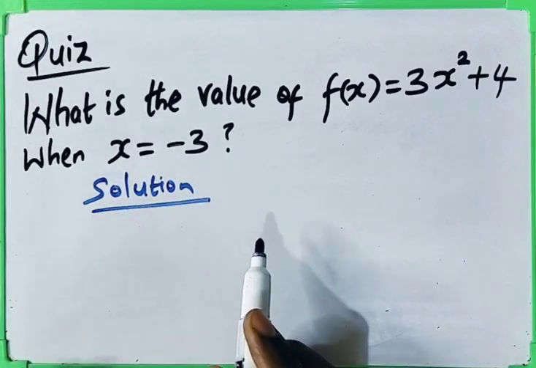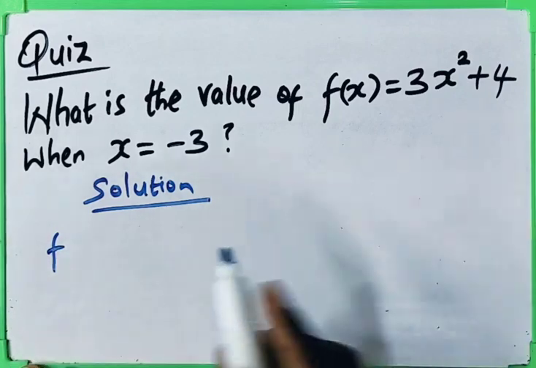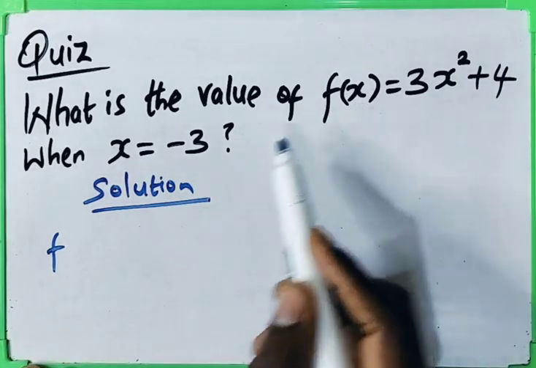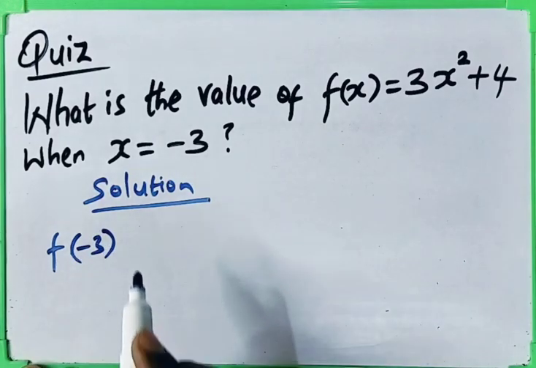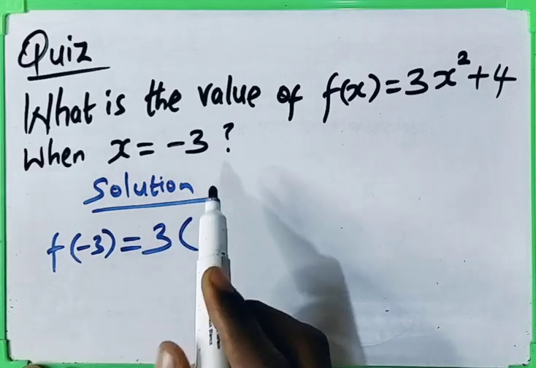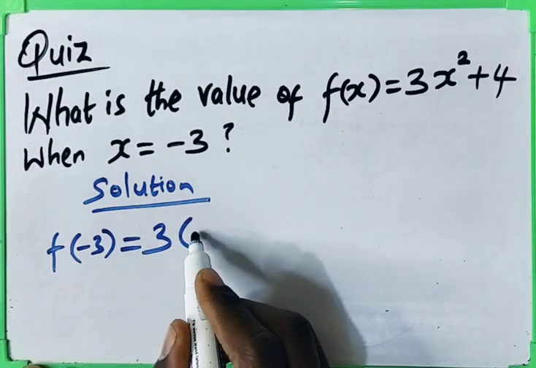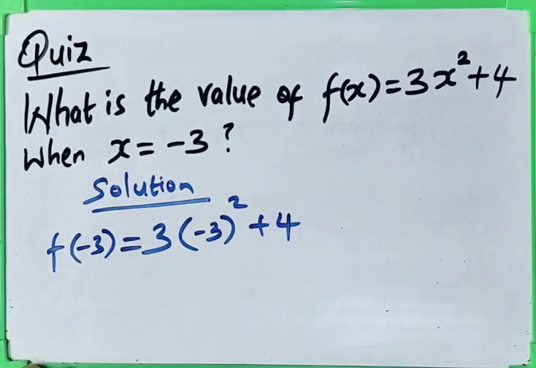Like that, we have the function rule, now with the value of x being negative 3, so f of negative 3 is equal to 3 times the value of x, negative 3, squared, plus 4.